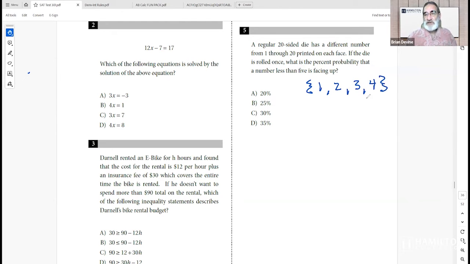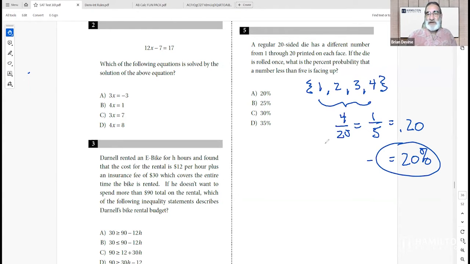Those are the only numbers in 1 through 20 that are less than 5. Note that this is 4 out of 20, which is equal to 1/5, which I could write as 0.20, which would translate as 20%. So 20% is correct, and A is your answer.